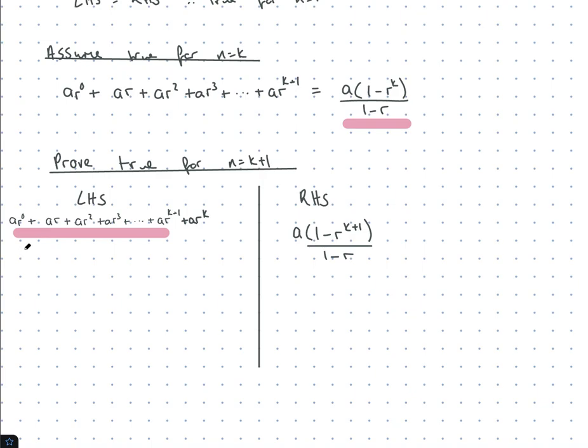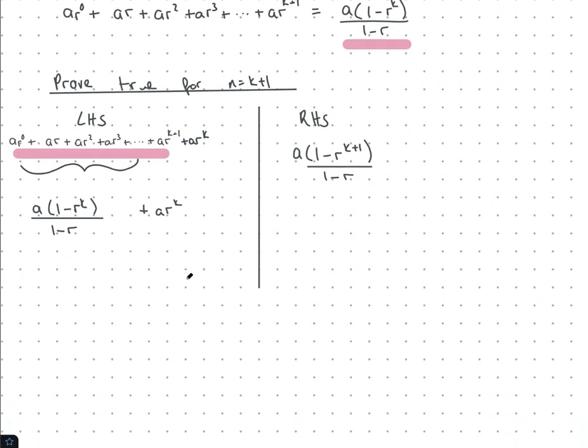So this here, and then I'm going to say it's replaced with A by 1 minus R to the k all over 1 minus R. And if you wanted to put in a little line about how it was assumed in step 2, you can do that. But as soon as you've brought it in to the proof part, you've got your 70%. Okay, so you've made an effort to do the proof part. The next little piece is just algebra.